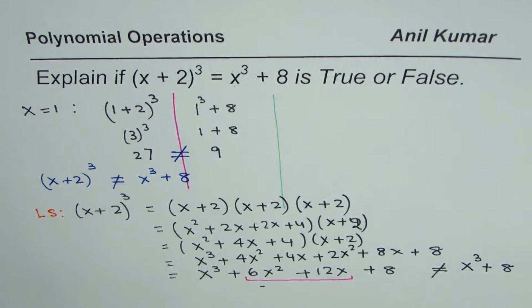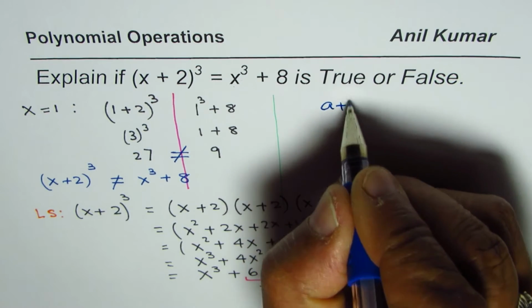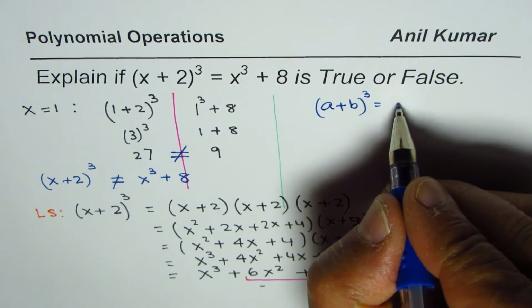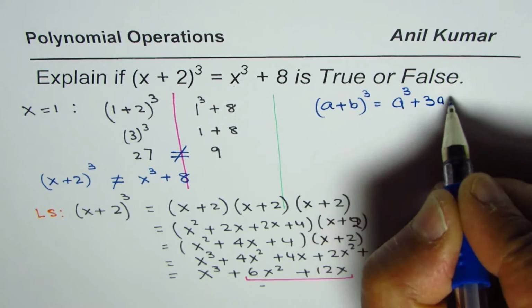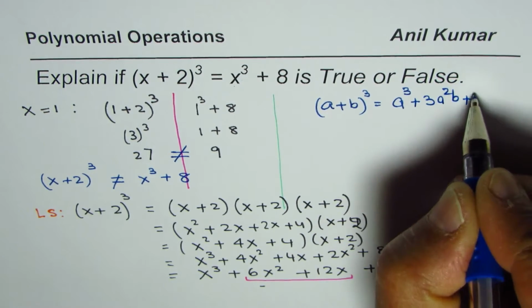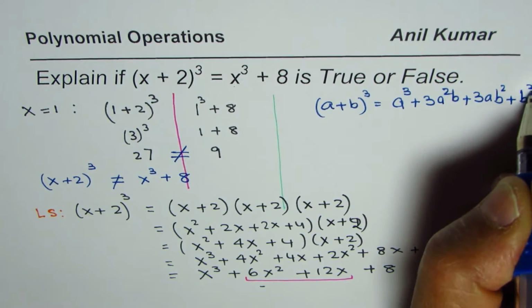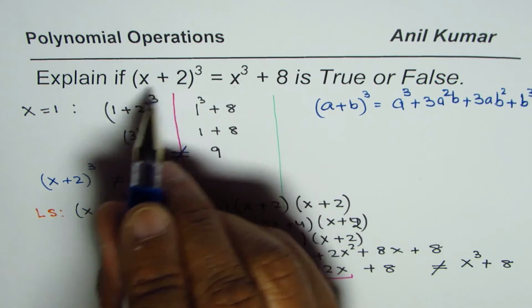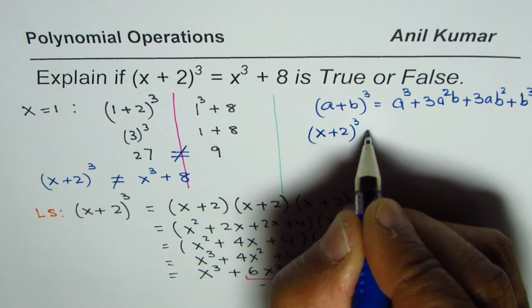Some of you can actually use the formula, which is (a + b)³ equals a³ + 3a²b + 3ab² + b³, right? In our case, it is x + 2 whole cube.